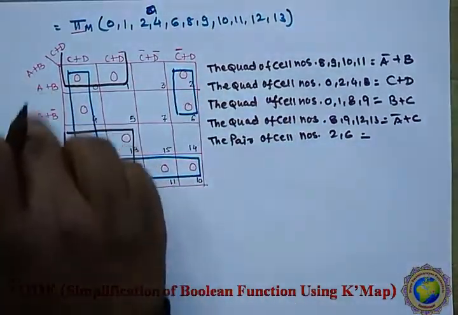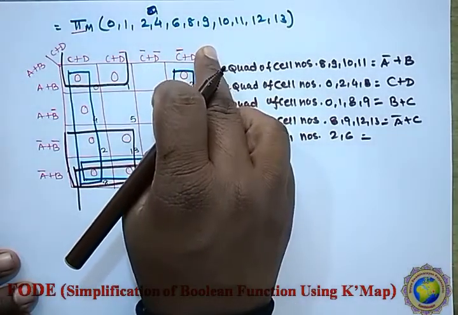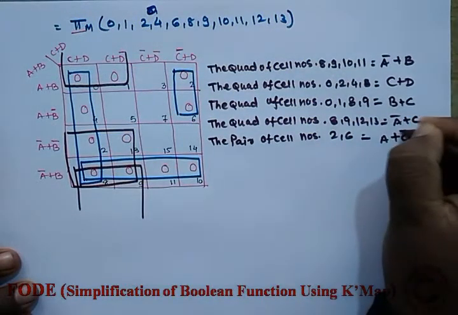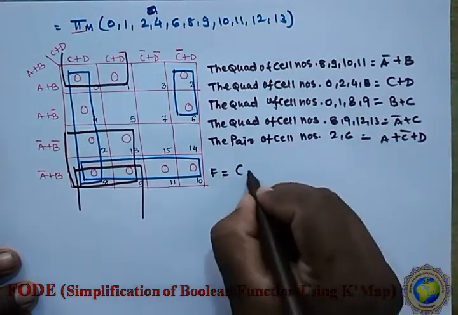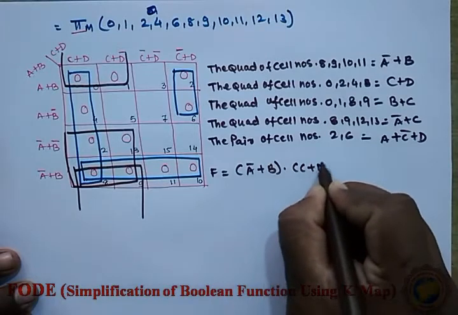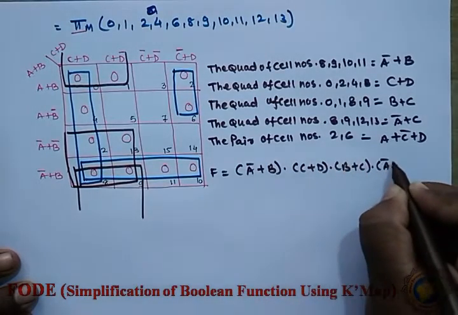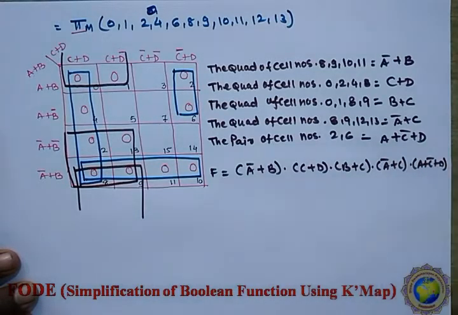In this, A is common, C bar plus D. So A is common, then C bar plus D. So our final function F is equal to (A bar plus B) dot (C plus D) dot (B plus C) dot (A bar plus C) dot (A plus C bar plus D). So this is our answer.